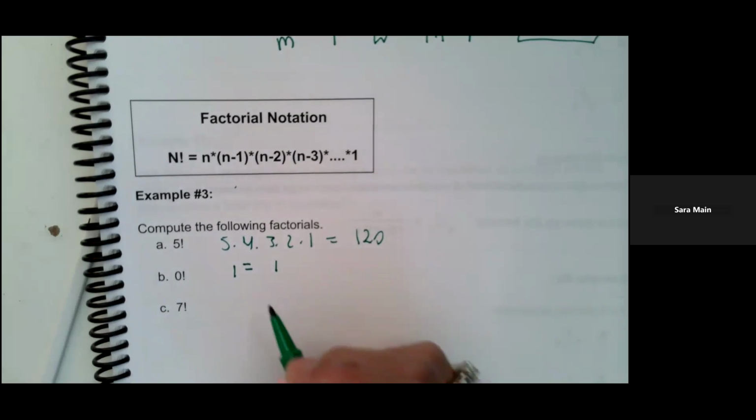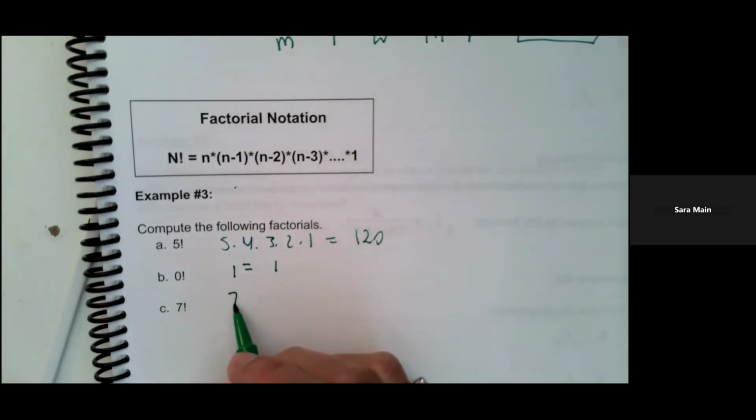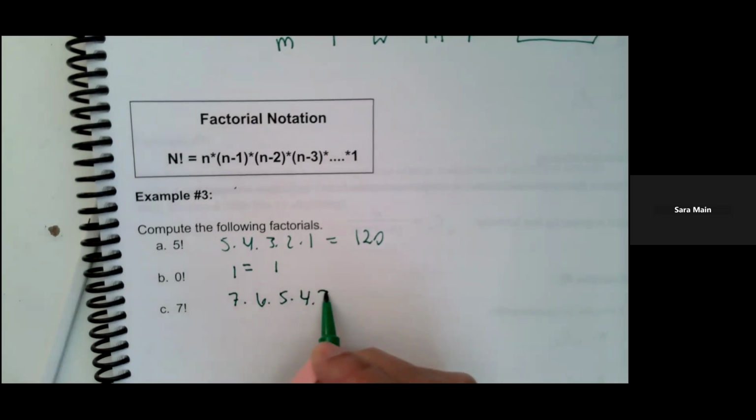So that's my value. If I had 7 factorial, that would be 7 times 6 times 5 times 4 times 3 times 2 times 1, which is basically my 120 times 6 times 7.